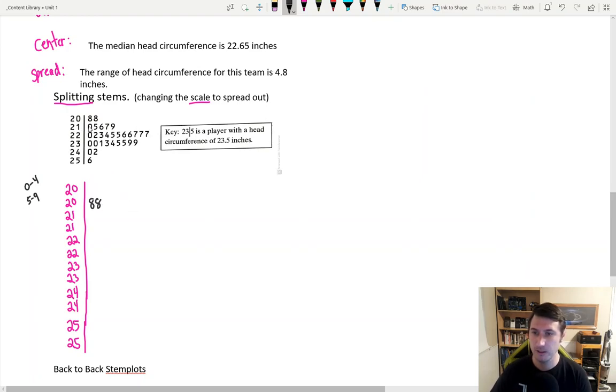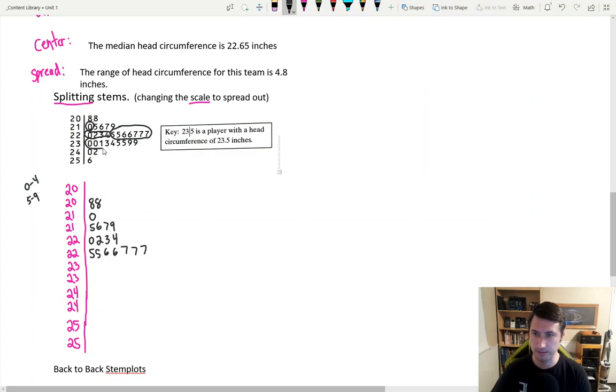All right, the next one, we're just going to take the 0, and then the 5, 6, 7, 9 go on the next one. The 22s, the 0 through 4 go on the first one. So 0, 2, 3, 4. And then all of these are on the second stem for 22 because they are over 22.5. 5, 5, 6, 6, 7, 7, 7.